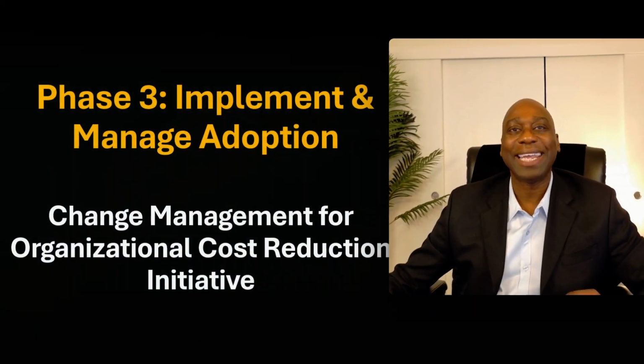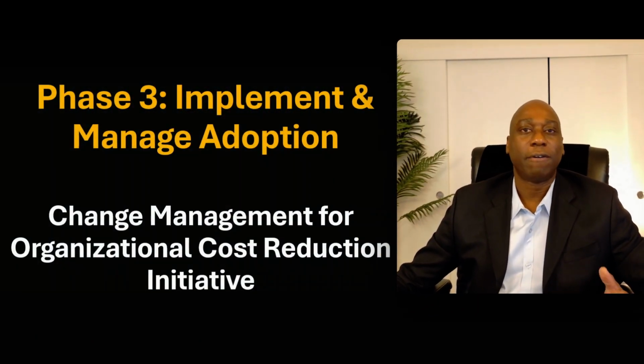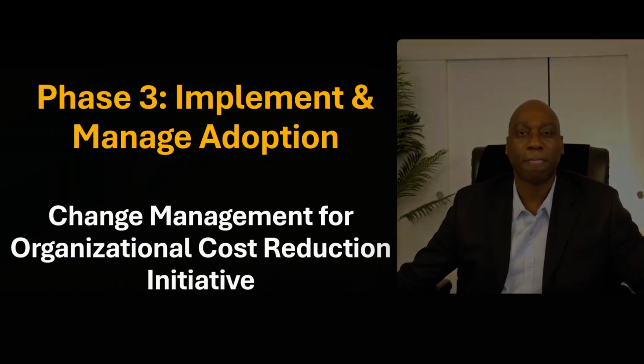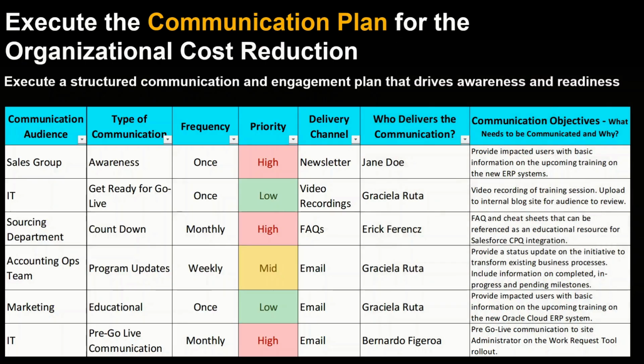Okay, so now we move on to phase 3, which is the implement and manage adoption phase for your organization's optimization and cost reduction program. For this phase, you will want to deliver the targeted communications that you have drafted. You want to do that through email. You want to communicate through town halls, through newsletters, through soundbite videos, as well as having an enablement site where resources are housed.